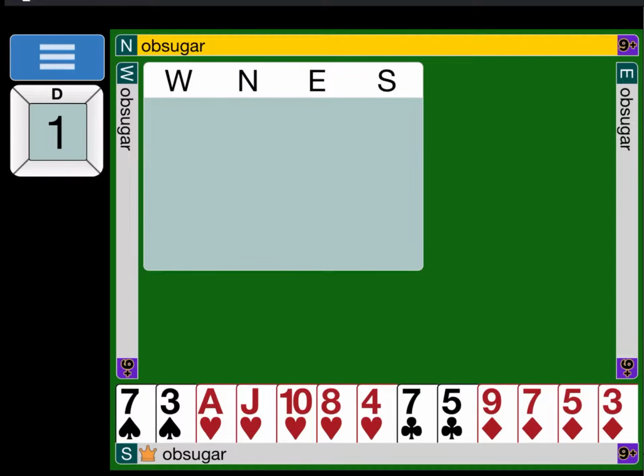So, last week we looked at it as a way to show a weak lower ranking suit. Let's say the opponent's overcalled our one no trump with two hearts, and we want to bid diamonds.